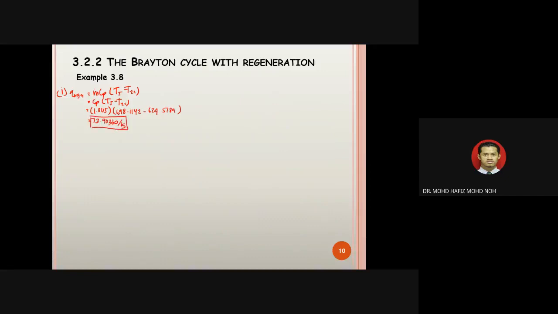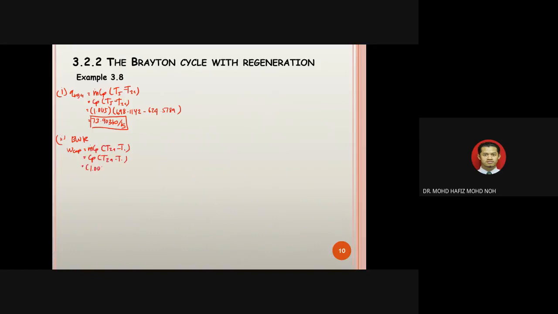And then the second question requires you to calculate the back work ratio. The back work ratio is actually the ratio between the compressor work and the turbine work. So calculate W compressor, which is m dot Cp (T2 actual minus T1). So 1.005 times (T2 actual, 624.5789, minus T1).